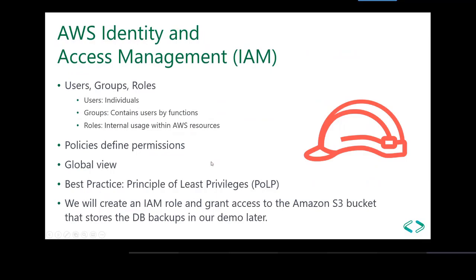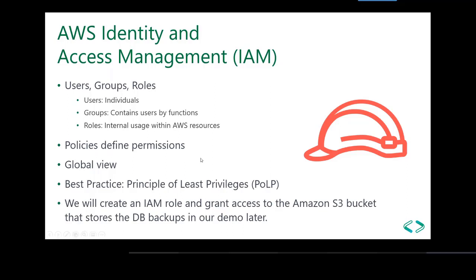Another thing that we need to know is IAM. It's quite critical that we know the basics about IAM, because we need to create what we call a role a little bit later on and associate it in order to restore the backup.